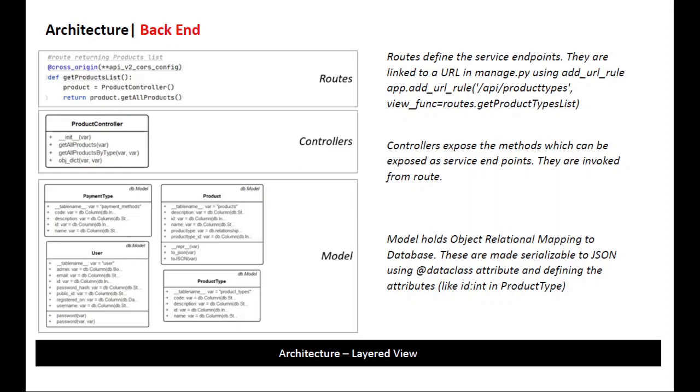Controllers expose the methods, which are invoked from the route. Routes are exposed in the routes.py file, which is in turn added as a rule using app.add_url_rule in manage.py. You will also see the same organization in the code.